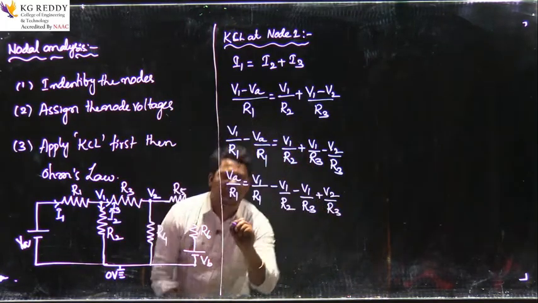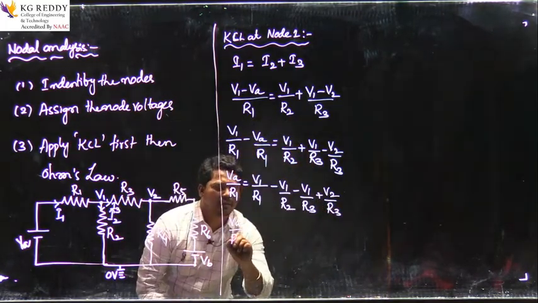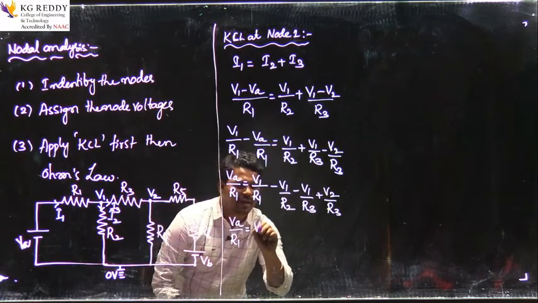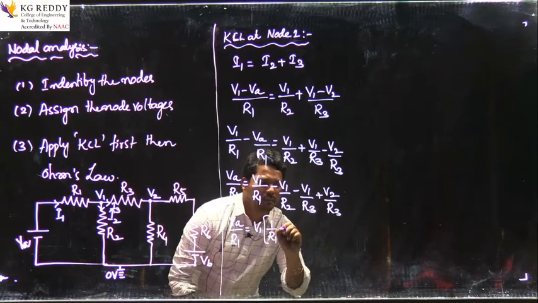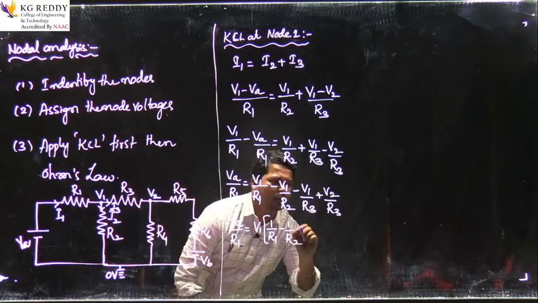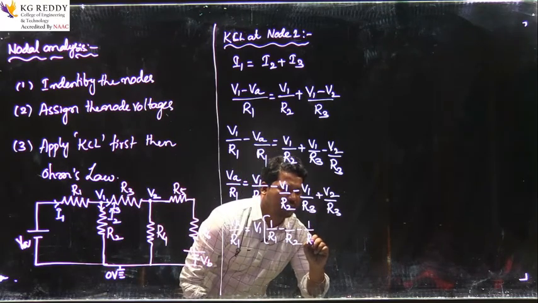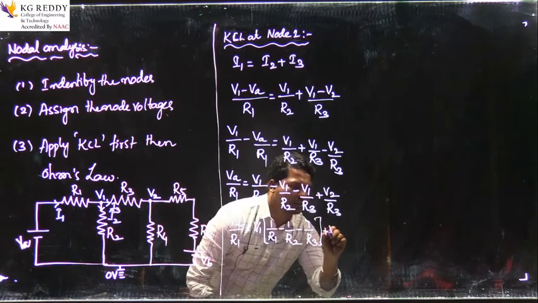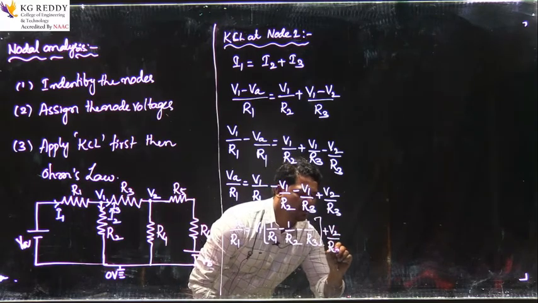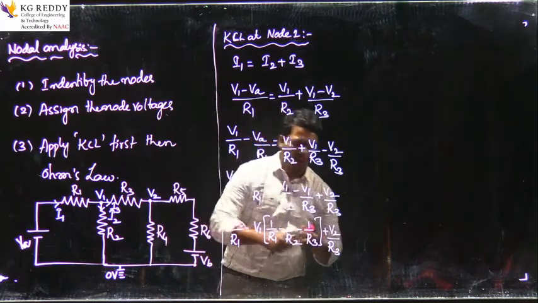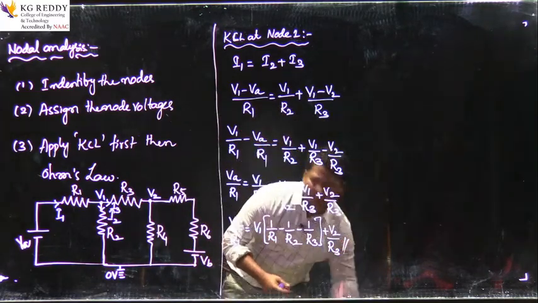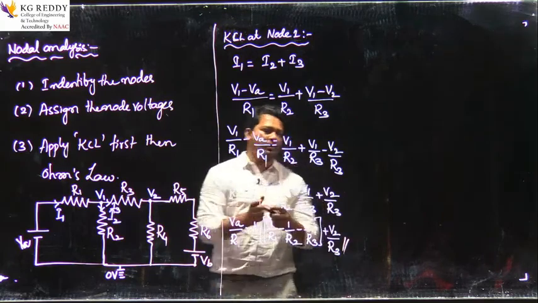Now from this equation, I will take V1 as common: V1 times (1 by R1 minus 1 by R2 minus 1 by R3) plus V2 by R3. So this is the nodal equation at node 1.